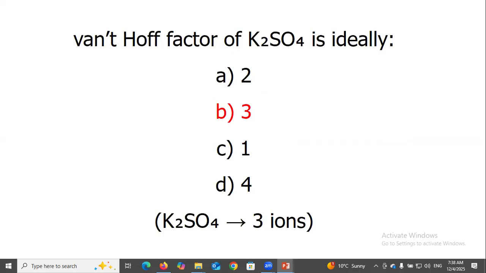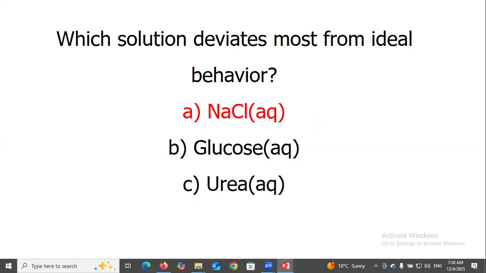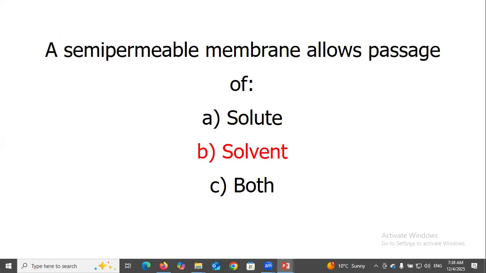Van't Hoff factor of potassium sulfate is ideally 3. Greater the solute concentration, greater the osmotic pressure. Which solution deviates from ideal behavior? Sodium chloride. A semi-permeable membrane allows passage of solvent.